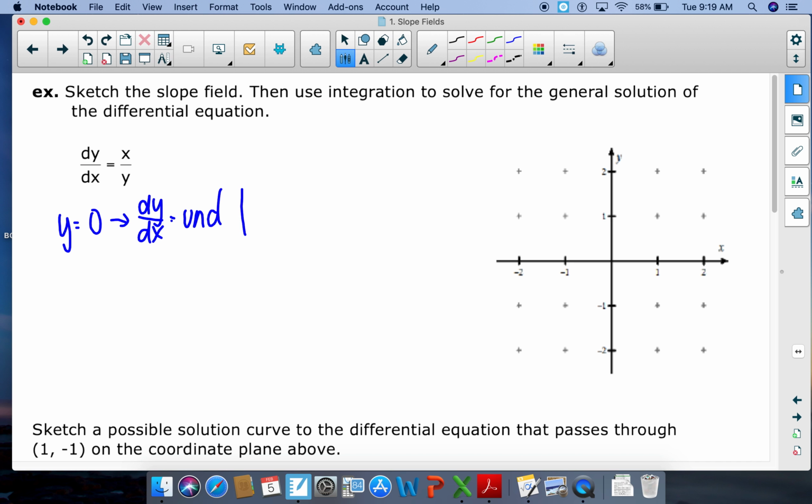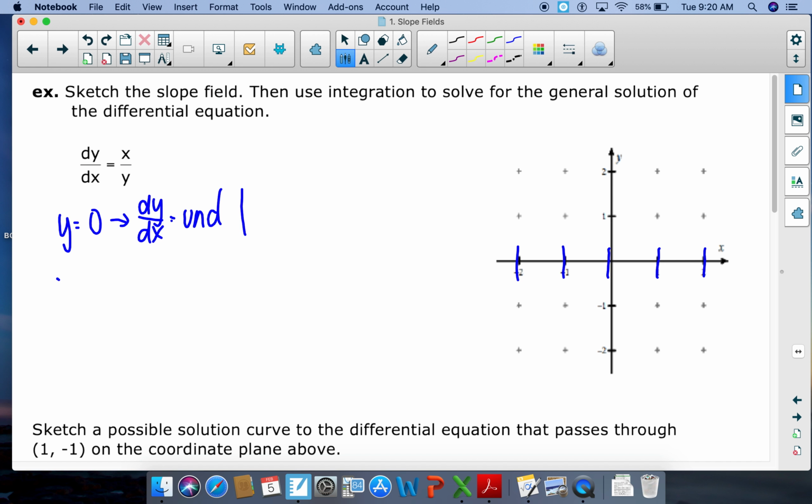Which means I have a vertical slope. So I'm looking at the relationship between x and y at this point. I'm going to start with my undefined, then go to my zeros, and then we'll go from there to see what we need. So anytime y is equal to 0, my slope is undefined. Is everybody good? Undefineds come first.